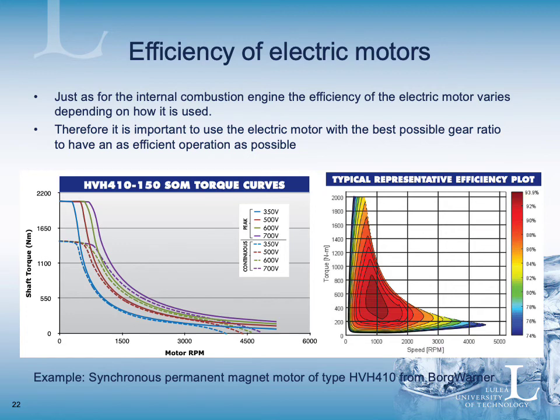We also see that if you look at the torque curves to the left, the torque can normally be quite a lot higher if only for a short duration of time. The continuous torque is always much lower because of cooling reasons.